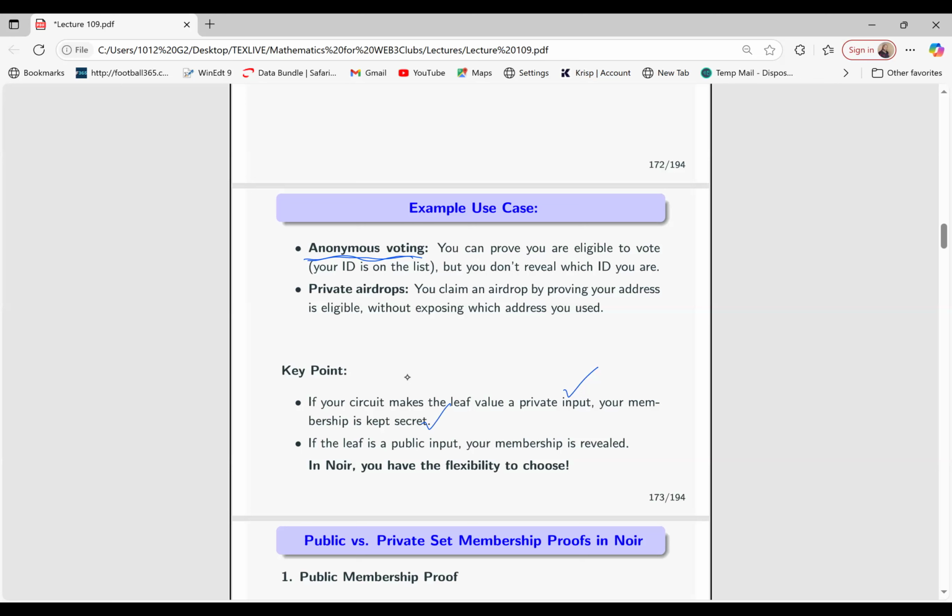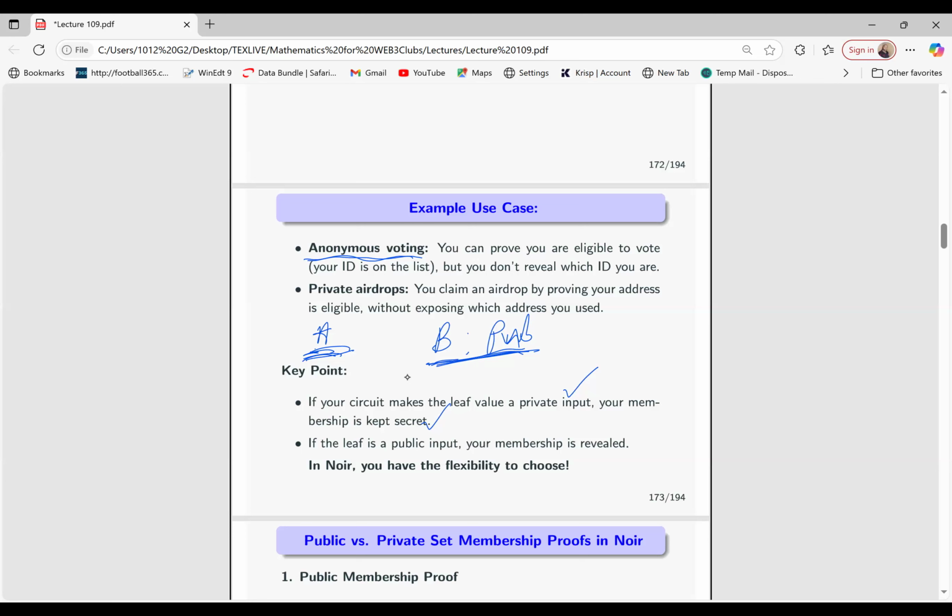That's why I'm saying that when you're writing your fields, the one that indicates public, this is known to the public. The prover knows it. Now the verifier knows it. But the one that has no pub, these are secret. Only the prover knows it.